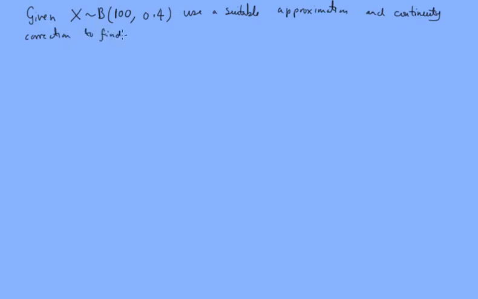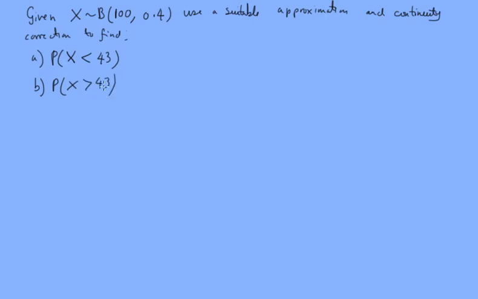Given that x is a binomial distribution where n is 100 and p is 0.4, use a suitable approximation and continuity correction to find the probability when x is less than 43 and the probability when x is greater than 43.